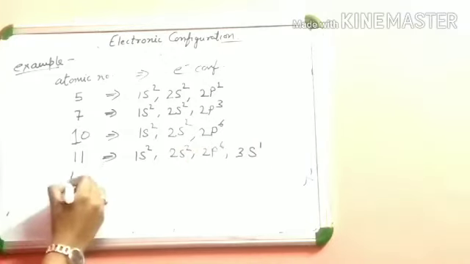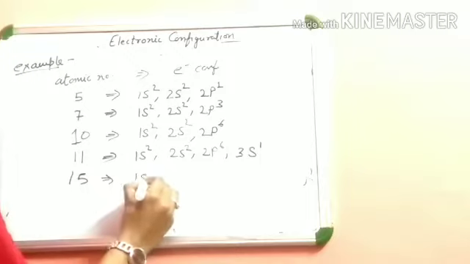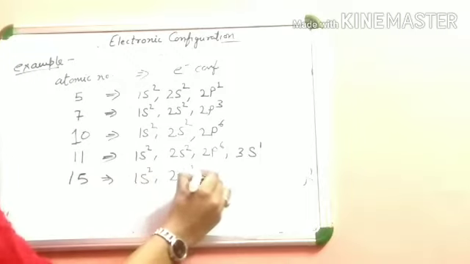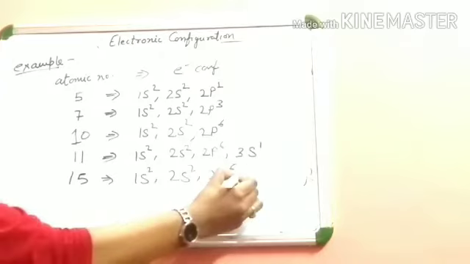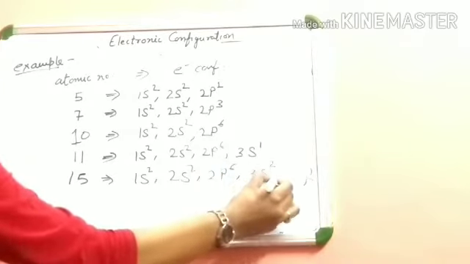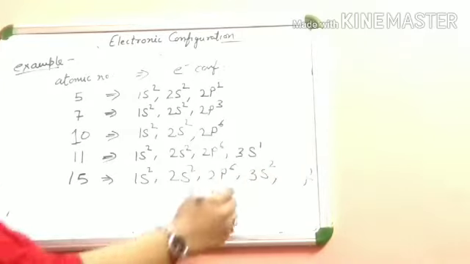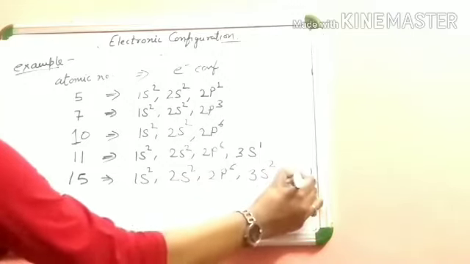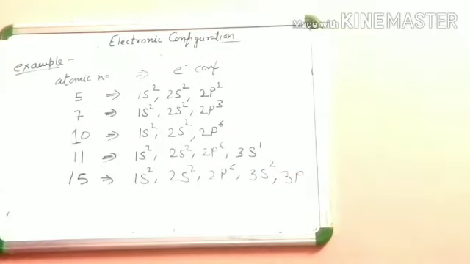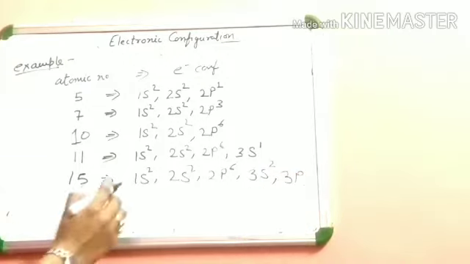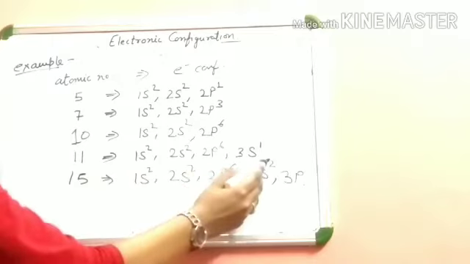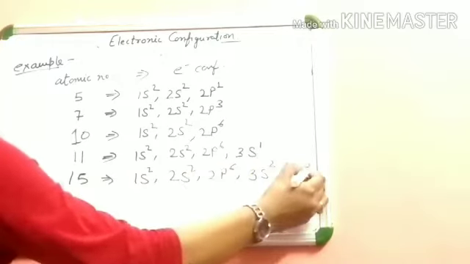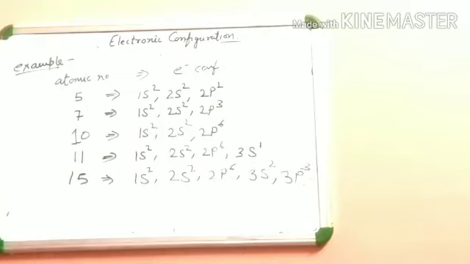If 15, then 1s2, 2s2, 2p6, 3s2. After 3s, the next energy level is 3p. The p subshell can hold a maximum of 6 electrons. So 3 more electrons: 2 plus 2 is 4, 6, 10, plus 2 is 12, plus 3 more is 15. So this is how we can write the electronic configuration of any atom.